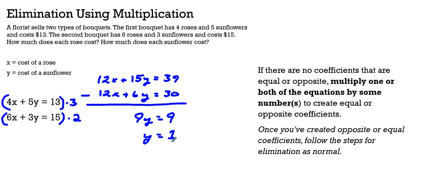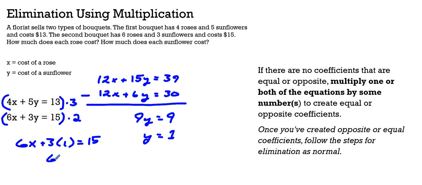Now we take that value of y and plug it in anywhere. We've got 4 options. I would recommend taking whatever you have for your variable and plugging it back into one of the original ones, just in case you did make a math error. So 6x plus 3 times 1 equals 15.